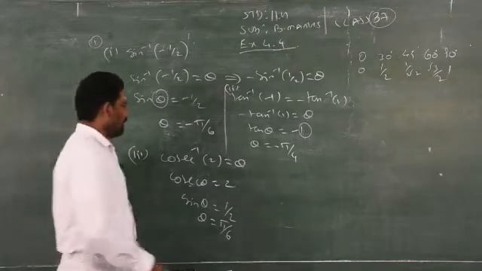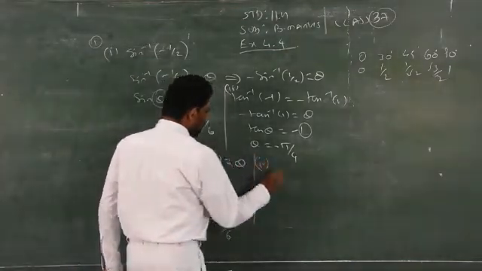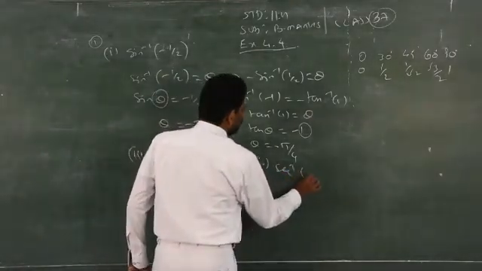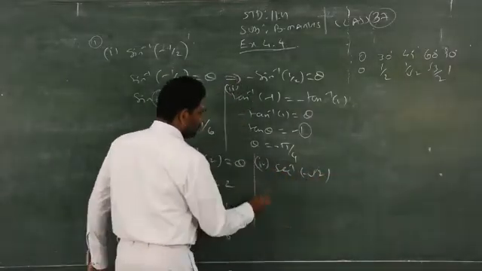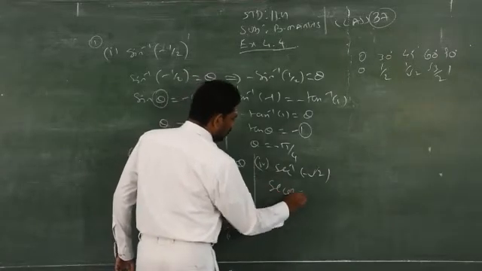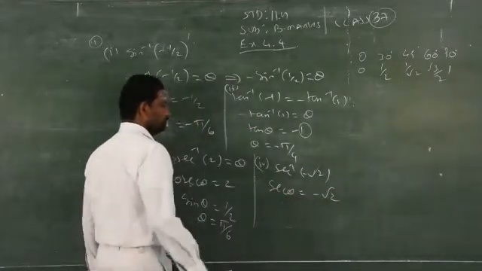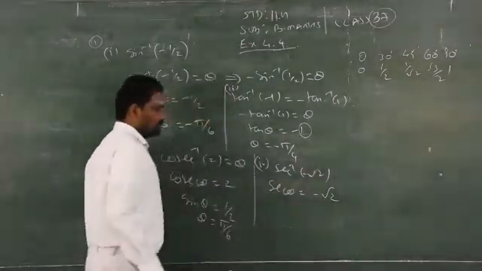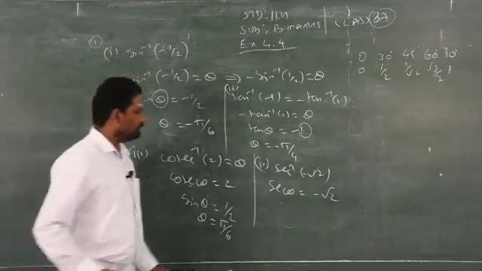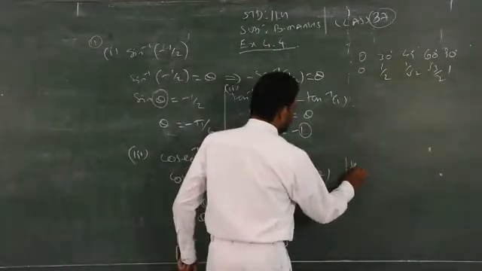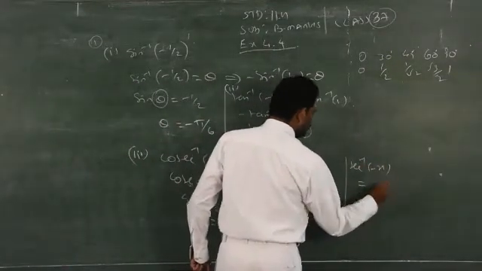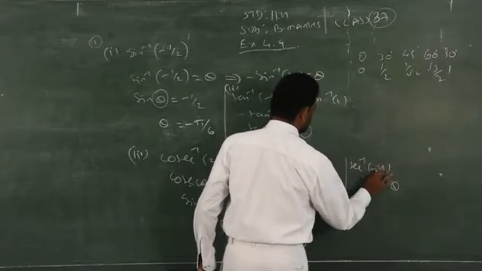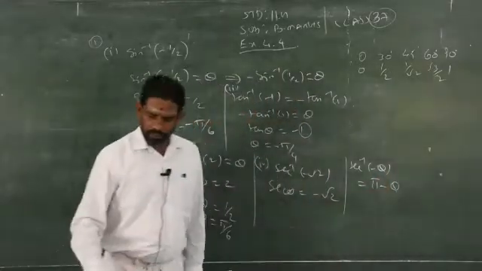Clear? So the last sum of this first Roman number, secant inverse of minus root 2. So this is secant theta is equal to minus root 2. Clear? So if it is a minus sign, you have a formula in the properties. If it is secant inverse of minus x, you have a formula to find the principal value: pi minus theta.